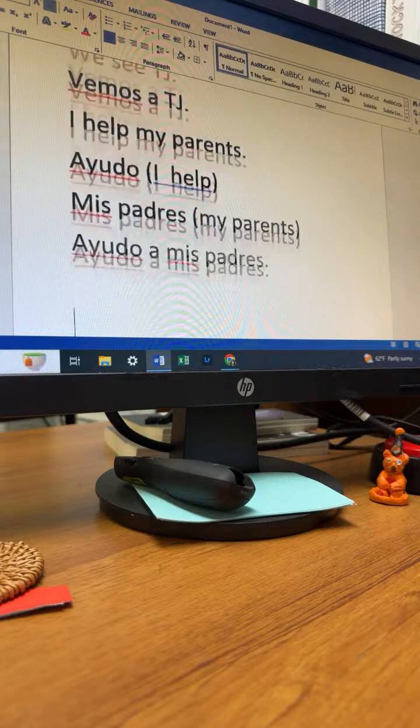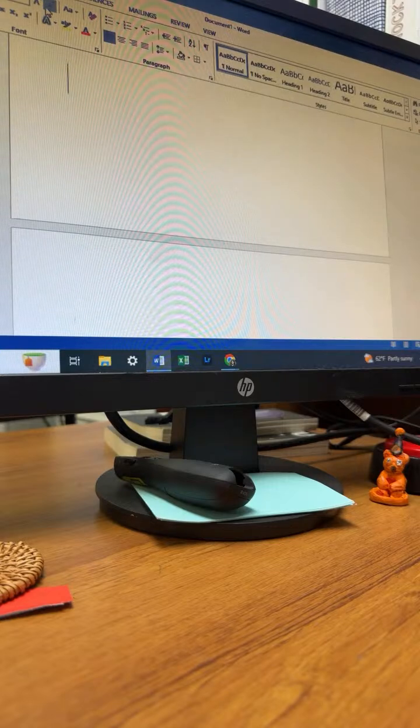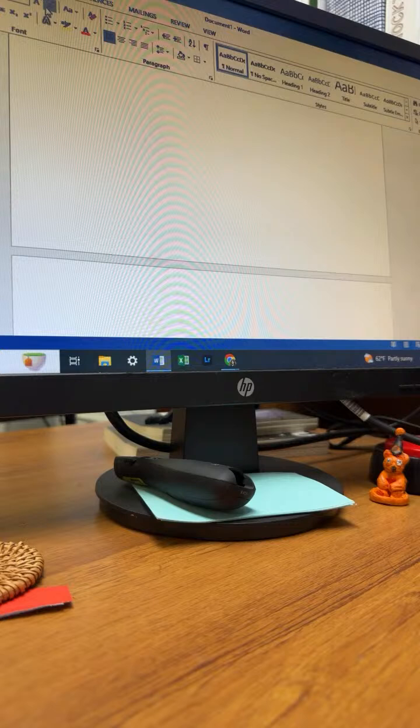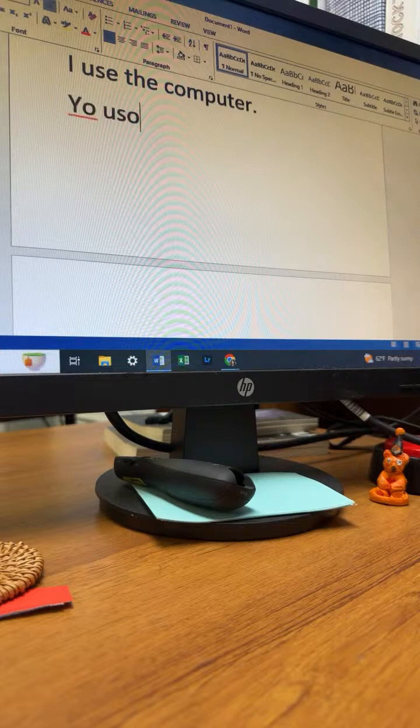So let's go down here and I use the computer. What is the direct object in this sentence? In English, computer, right? I use the computer. So how would I say this in Spanish? Does anybody remember how to say I use in Spanish? Uso.